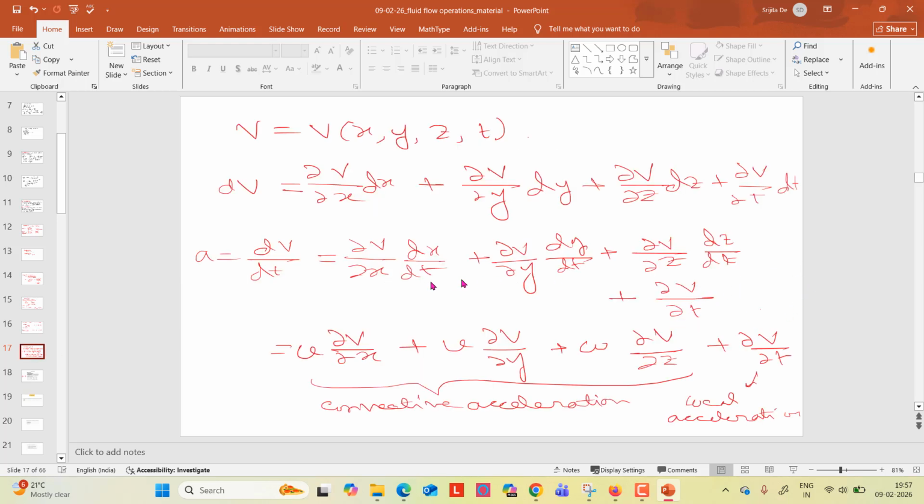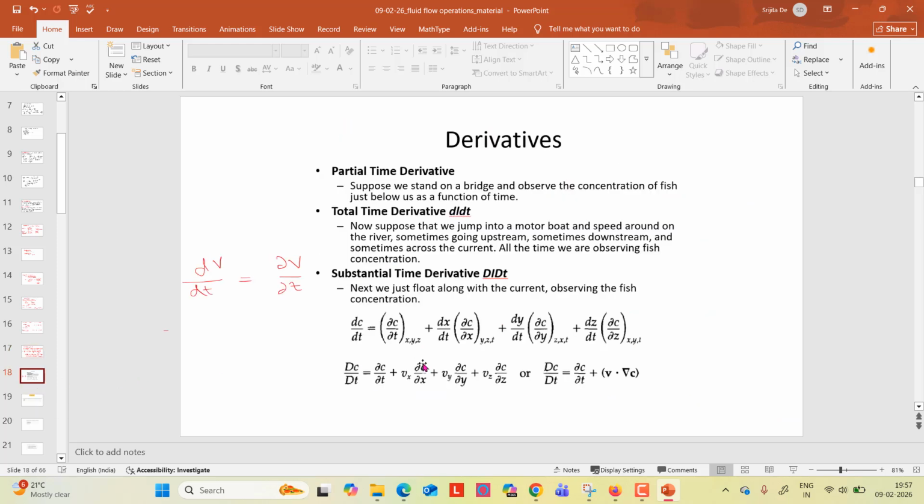Del v del t plus del v del x into dx dt, where all these are functions of x, y, z, plus dy dt into del v del y, and plus dz dt into del v del z.